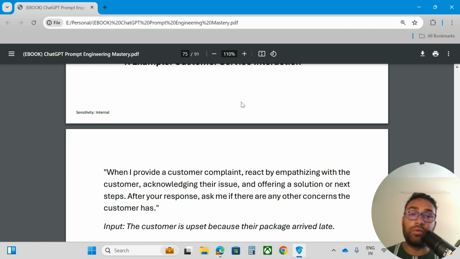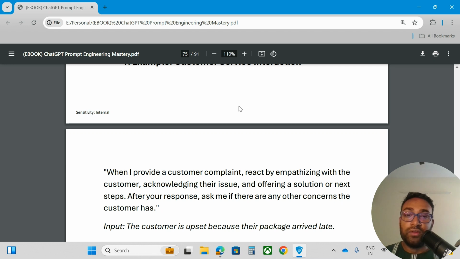React to how you will handle that customer and solve their problem. Keep in mind to react by empathizing with the customer, acknowledge their issue, and offer a solution or next steps. After your response, you will ask me whether the customer is satisfied with your solution or not, and then you will go ahead.